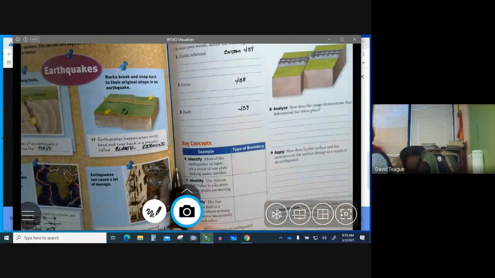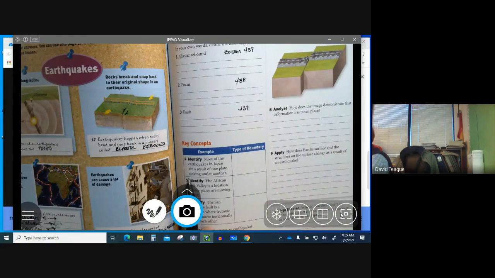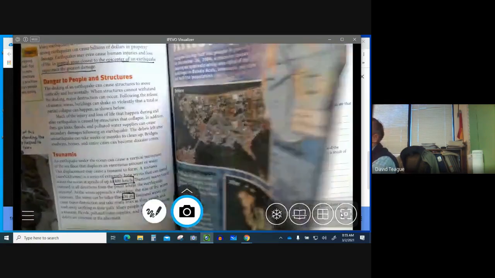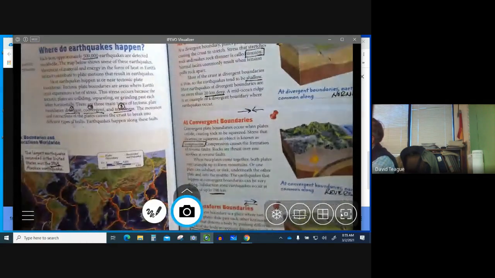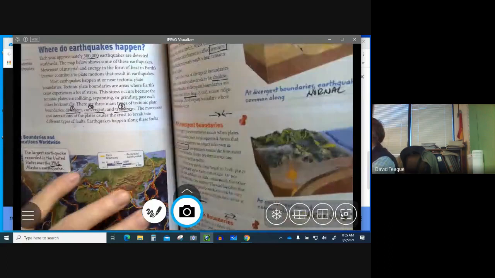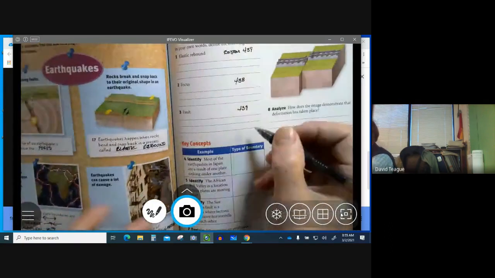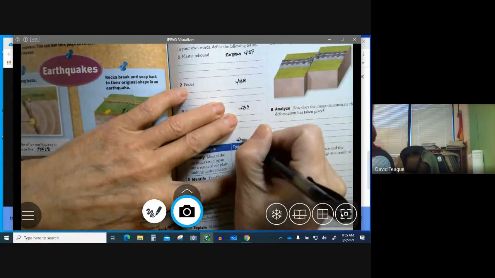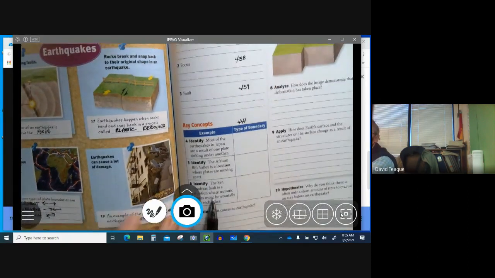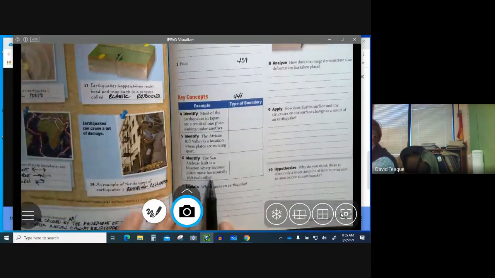Then it says, key concepts, identify: most of the earthquakes in Japan are a result of one plate sinking under another. What type of boundary is that? All the boundaries are on page 441, so you should be able to figure out which plate boundary they're describing.